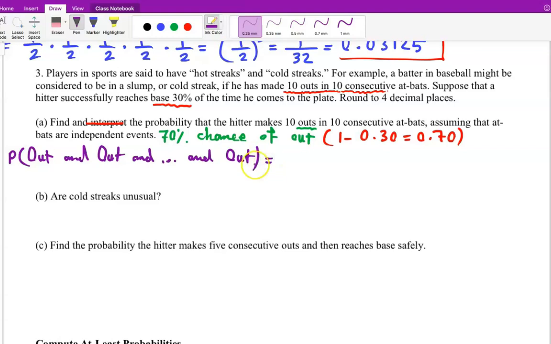That is equal to out multiplied by out, and so on. So here the probability of out is 70%.